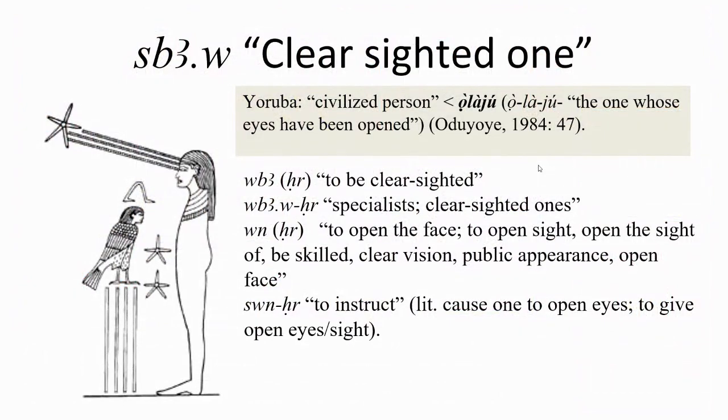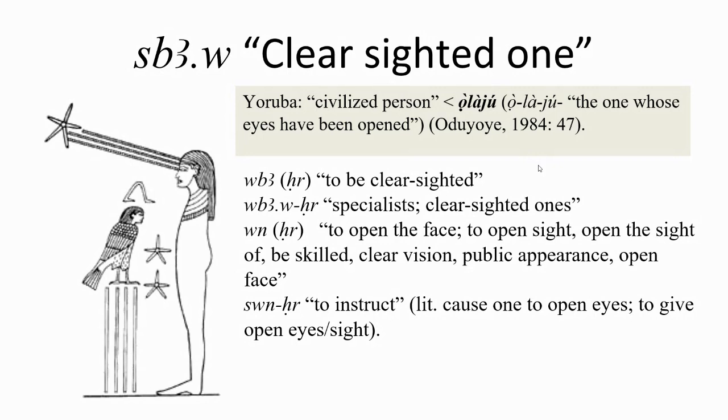And so this idea of an initiated one as one who has their eyes open is pretty widespread across Africa. If you remember from, I think it's chapter 6 or 7, where I do an etymology of the word Seba in ancient Egyptian, we discover that it has to do with someone with open eyes.